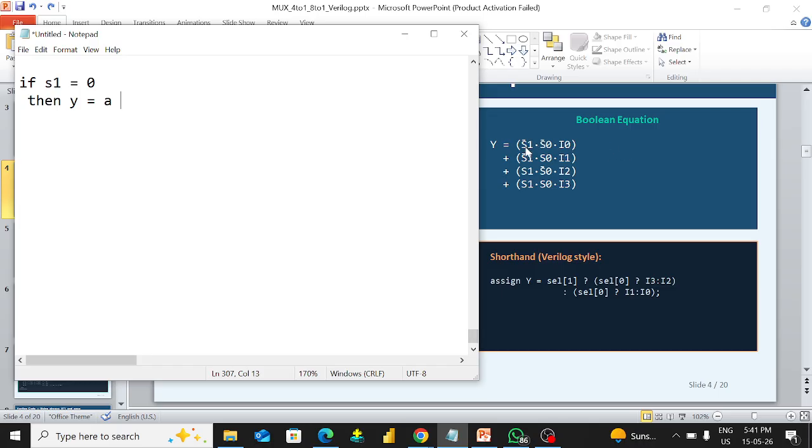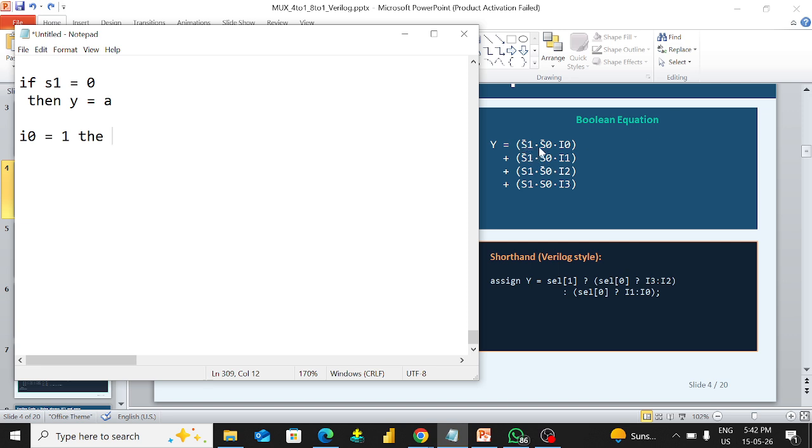See here, now we have select lines S1, S0. Both are true, right? So AND operation of both will become 1. Then any AND operation with an input value, think I1 is passing, I0 is passing. If I0 is passing, that means true, so I0 becomes 1.